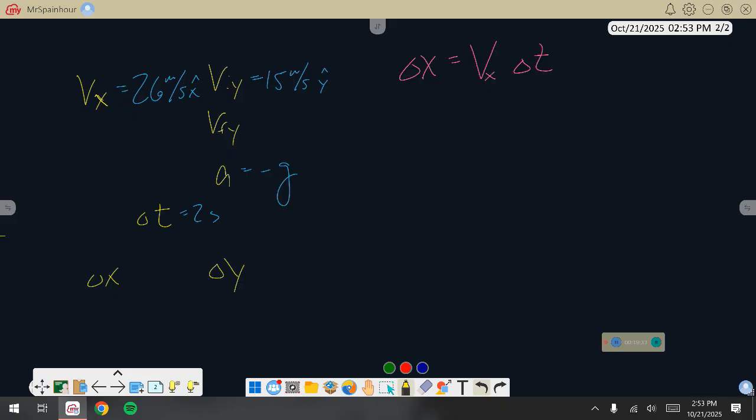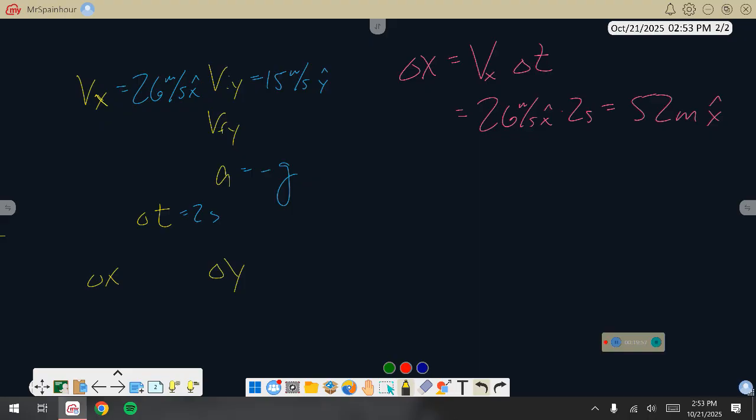Vx delta t. This will be really quick math because, of course, Vx is just 26 meters per second x hat times 2 seconds, which gives me 52 meters x hat. So is 52 meters x hat the correct position in the x?